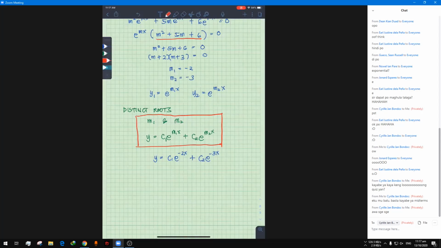So, that is our final answer. Okay, or that's the general solution for the given second order differential equation. So, hindi tayo manghuhula. Okay? So, magpa-factor out tayo. Question?